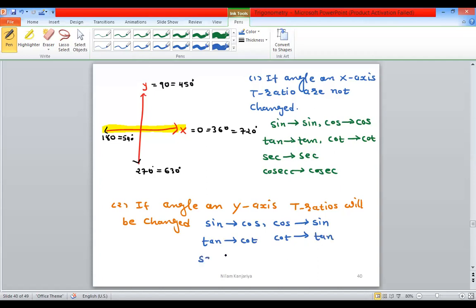Sec and cosec: sec converts into cosec and cosec into sec.